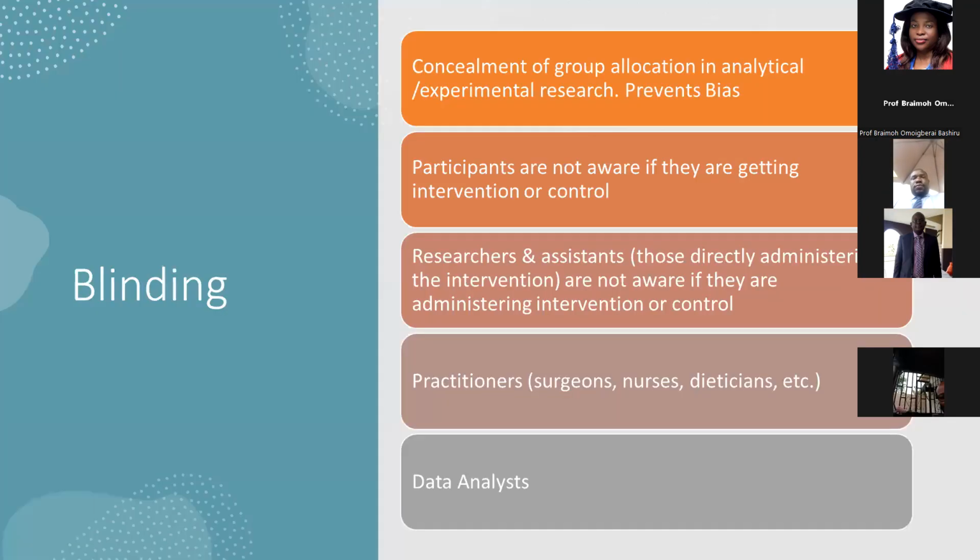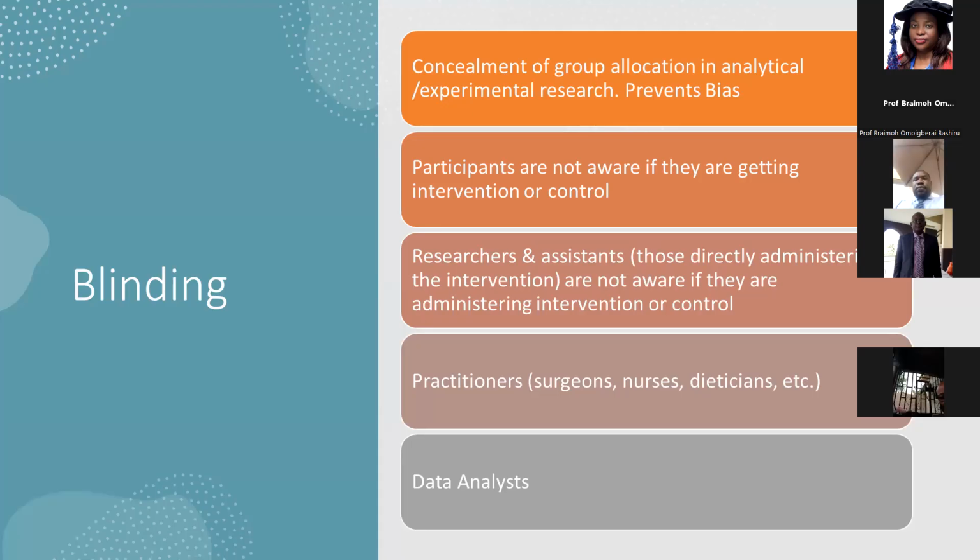All right, blinding. Now, blinding talks about concealment of group allocation, and it's there to prevent bias. So the process of randomization may or may not happen, matching is happening, but the important thing is that allocation to one group or the other is not known to certain people.